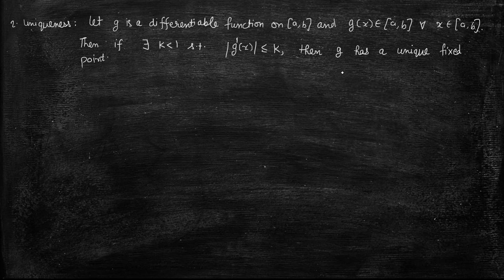So now let us take an example. For example number 1, let us take g(x) equal to (x squared minus 1) upon 3, and we have to prove it has a unique fixed point between minus 1 and 1 without calculating the fixed point. So how to do this?